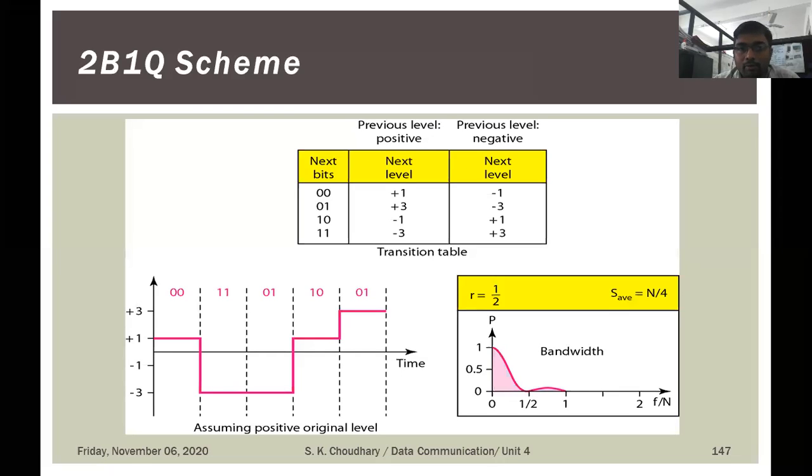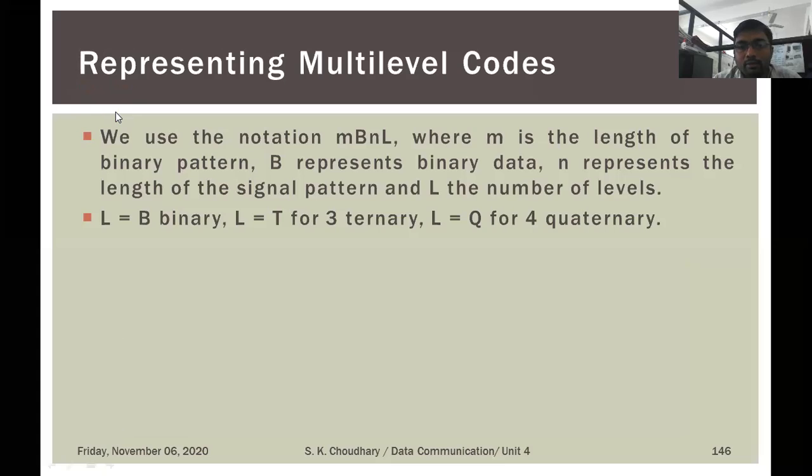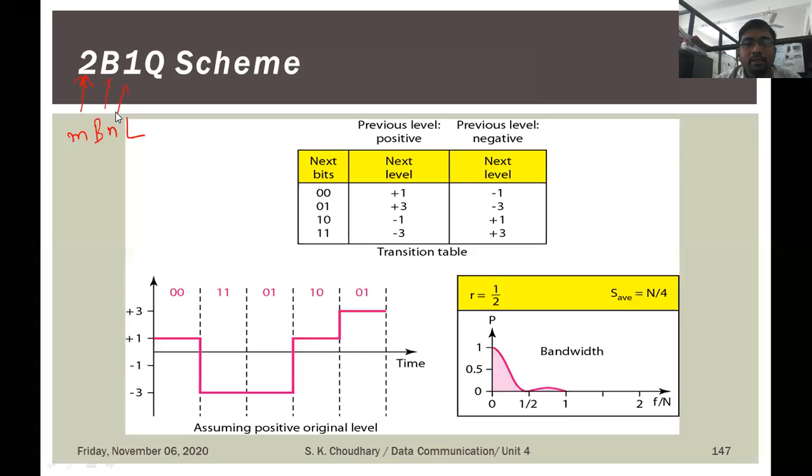So what we are going to discuss today is 2B1Q. So it is nothing but mBnL. Okay. So 2 data elements, binary data. n is the length of the signal, and L is Q, quaternary, meaning the number of levels would be 4. Okay.